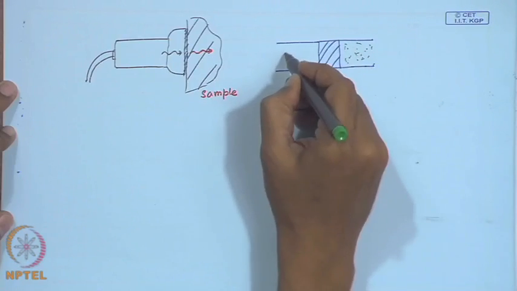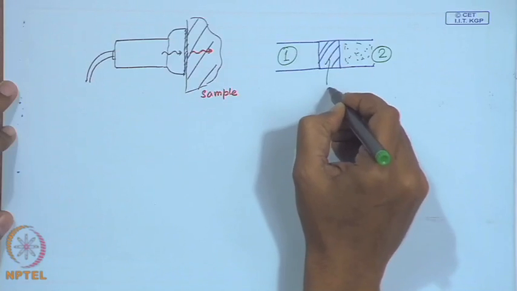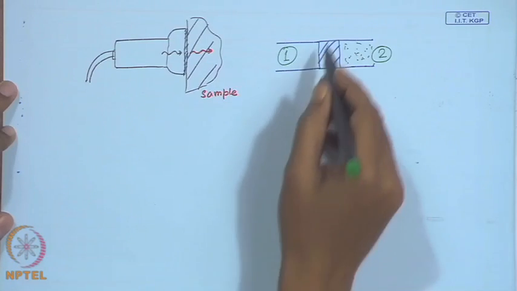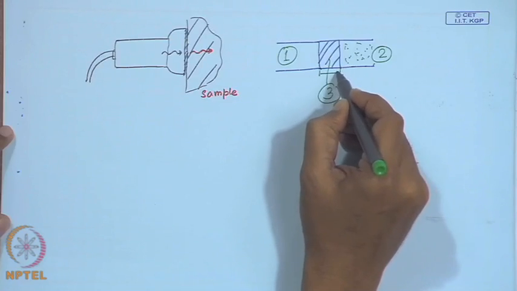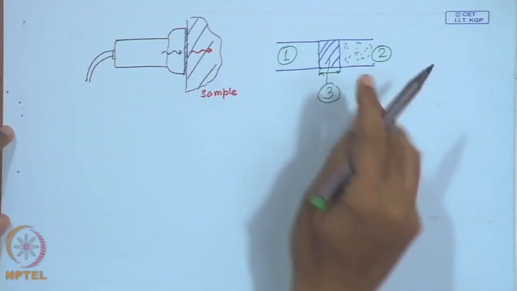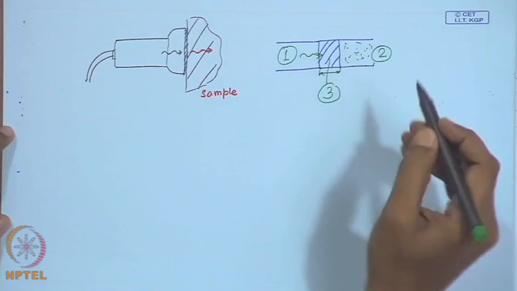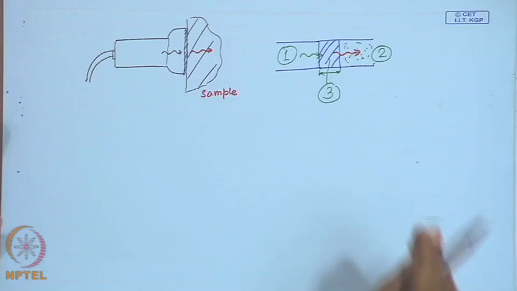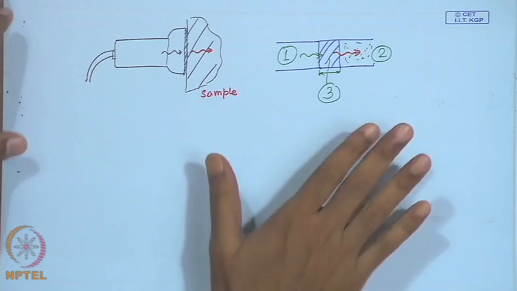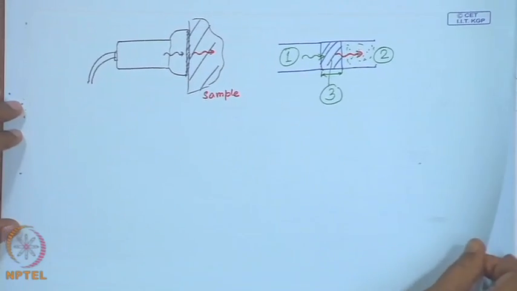So, this is material 1, this is material 2, and in between we have a third material, and we can adjust the thickness of this material so that there is only transmission and no reflection. We can adjust the thickness so that there is no reflection. So, there is a complete transmission. This is very useful for such applications.